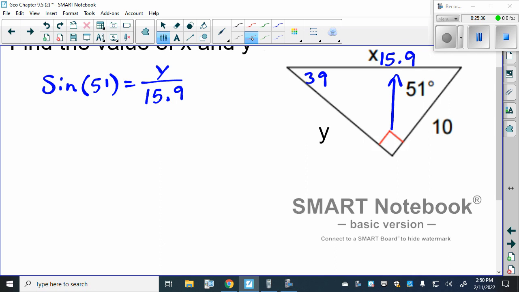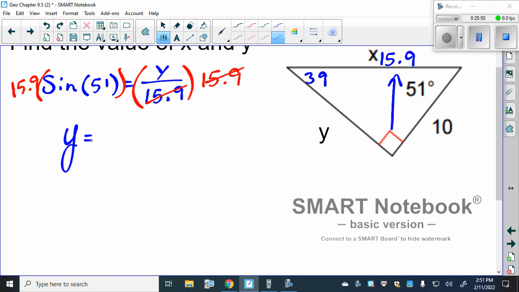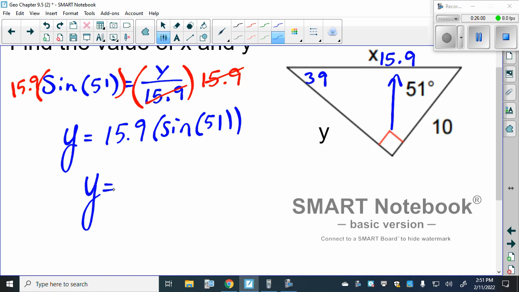So at this point here, we're going to multiply both sides by 15.9 because these here will cancel out, telling us y is equal to 15.9 times sine of 51. And if we plug that in, we get 12.4.